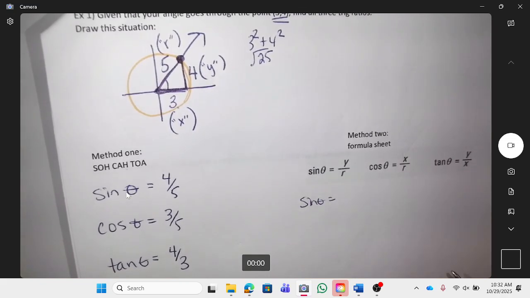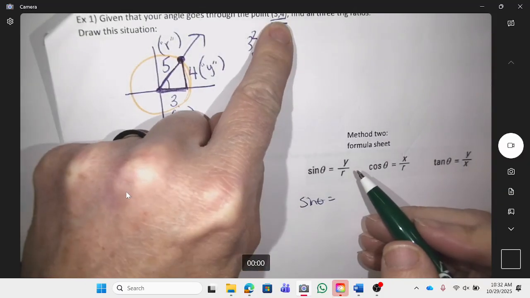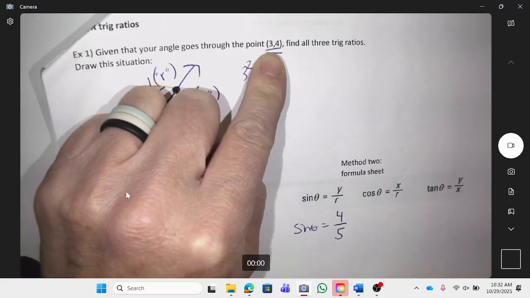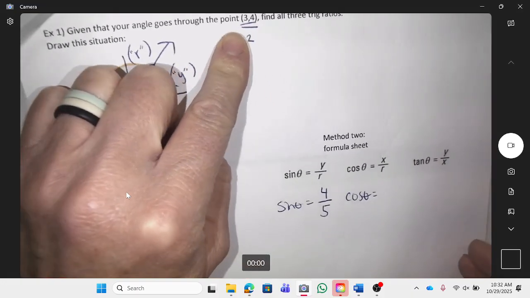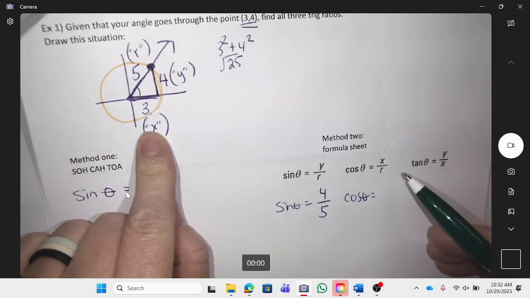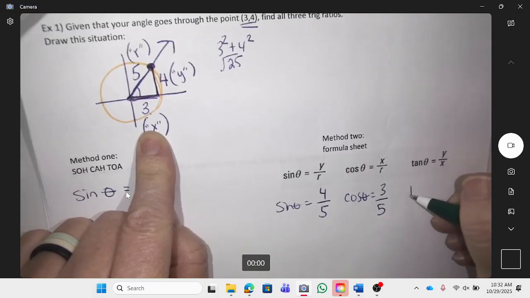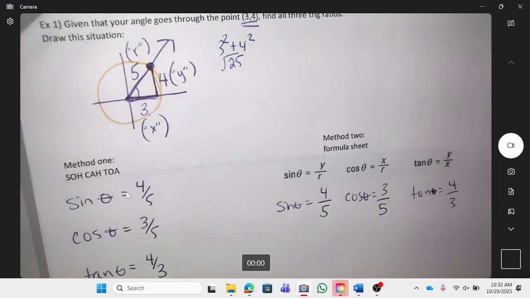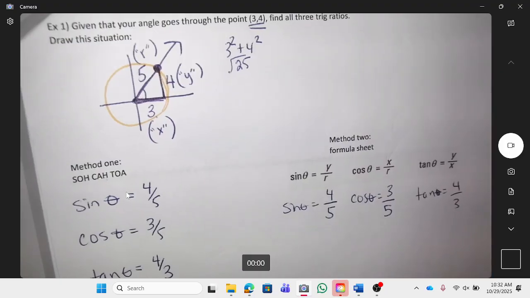Sine theta equals, if I use these formulas, what's the y value of the coordinate? 4. And we knew the radius was 5. If I use the formula, x is 3, and our radius was 5. So it is the exact same thing, but these formulas were developed because of the SOHCAHTOA stuff.